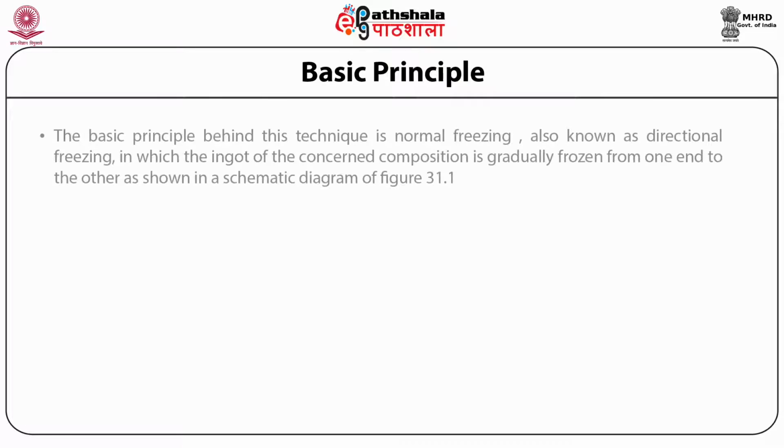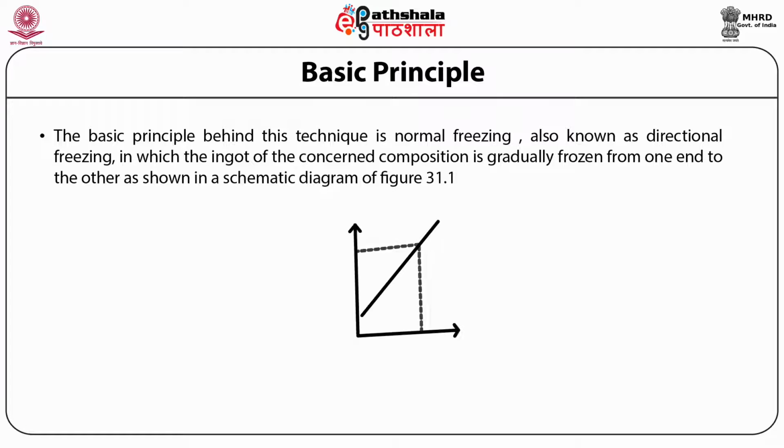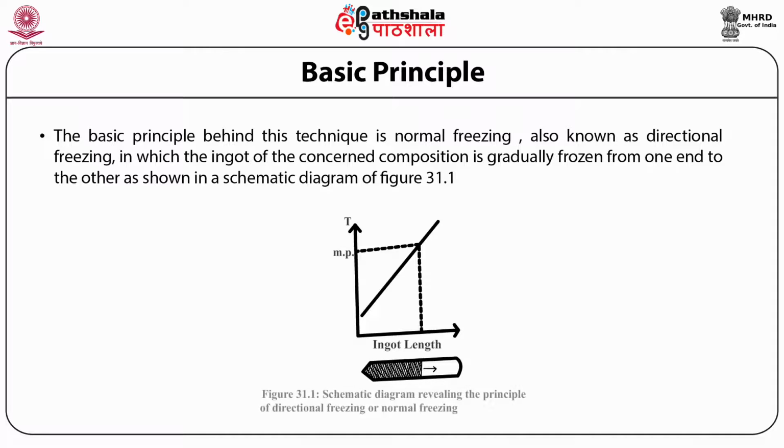Basic principle. The basic principle behind this technique is normal freezing, also known as directional freezing, in which the ingot of the concerned composition is gradually frozen from one end to the other, as shown in the schematic diagram of figure 31.1.